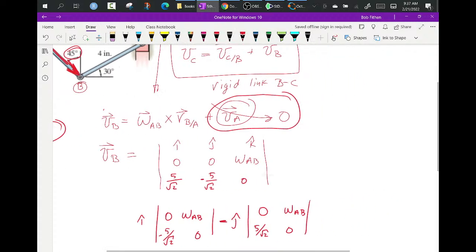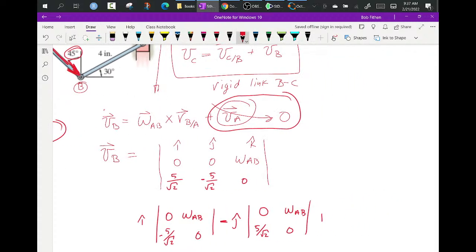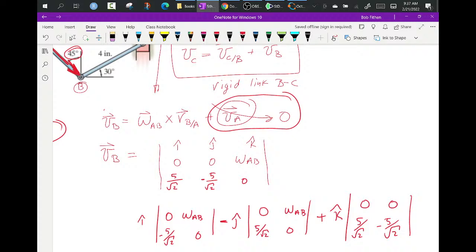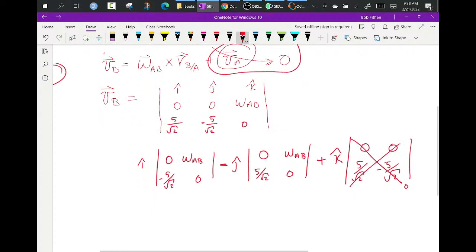And then you do the useless one, and you take this one out and this one out, and copy it down. But what you find out is for this planar stuff, there's never any component there because this gets you 0 and that'll get you 0.